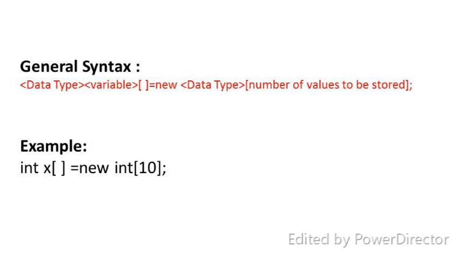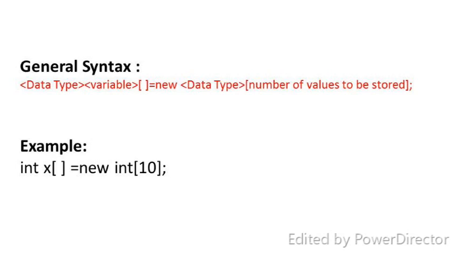On the screen, you can see first we write the data type, then the variable, then we leave a blank open and closed square bracket, then give an equal to symbol, then we use the new keyword, then again we write the data type that we have written before the variable, and within square brackets we have to give how many elements we need to store in that array.